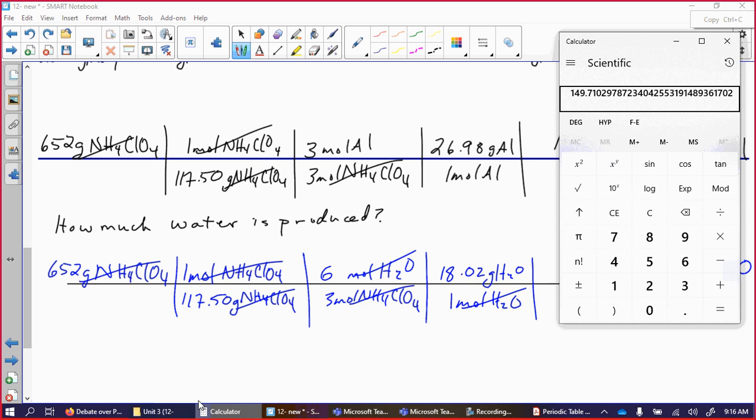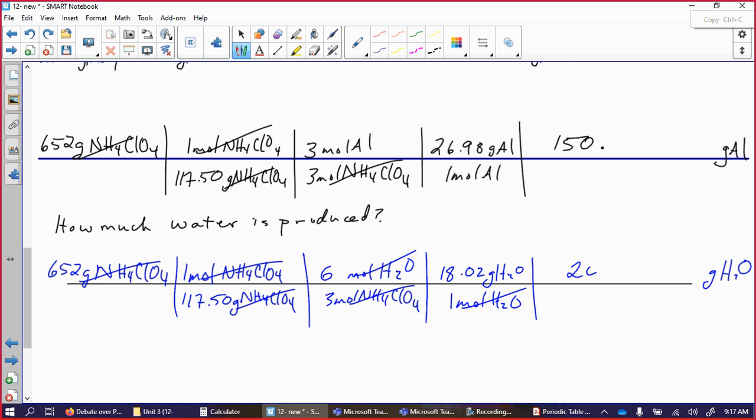And 652 divided by the molar mass times 6 divided by 3 times 18.02 means we would produce 200 grams of water.